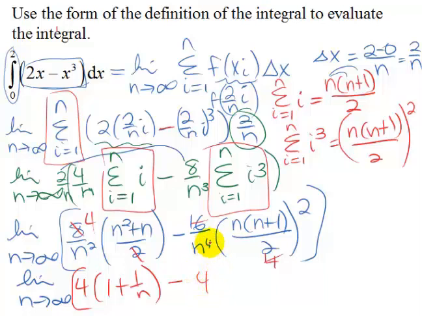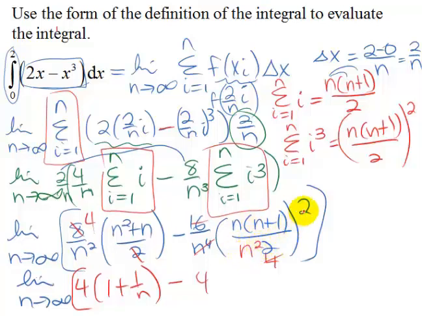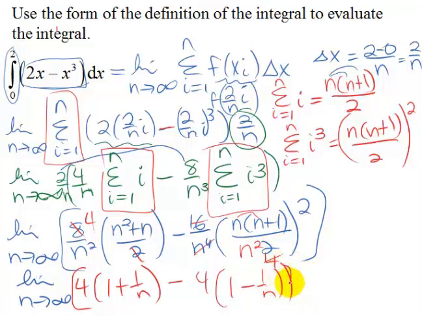And let's take this n to the 4th and move it inside of the squared, put it right here, so n squared squared, because we can see that this would be n squared that we could apply that to, which would make that a 1 plus, and this would be an n over n squared, so that would make that a 1 over n.